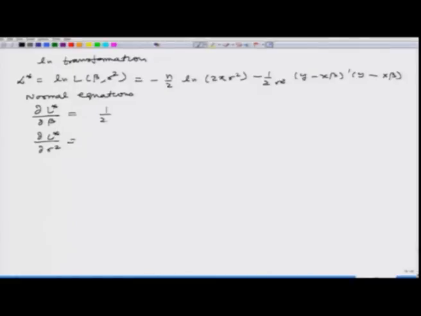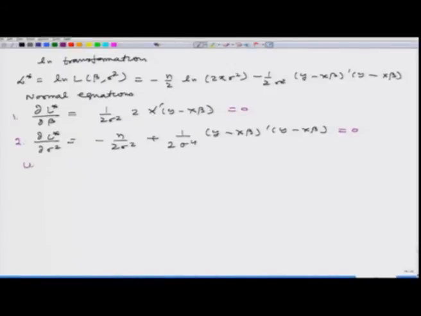We obtain here 1 over 2 sigma square twice of x transpose (y minus x beta), and here we obtain minus n over 2 sigma square plus 1 over 2 sigma power 4 (y minus x beta) transpose (y minus x beta). And we put them equal to 0.